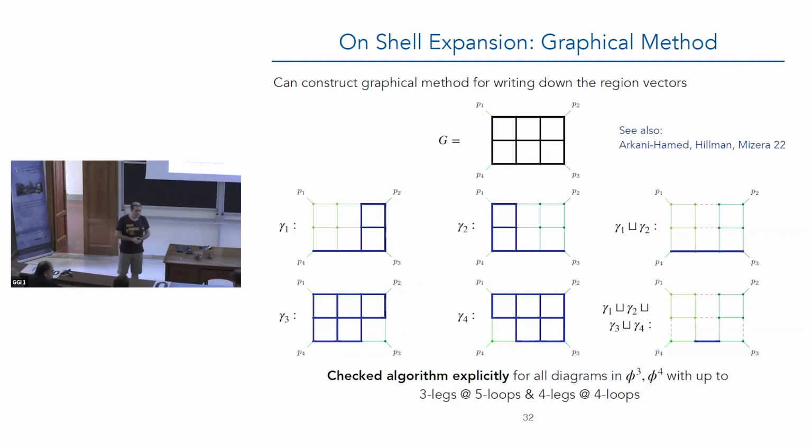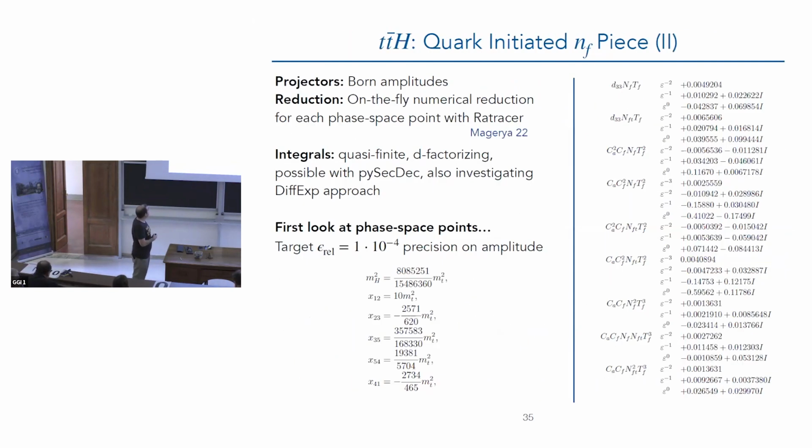I have a question. Did I understand you correctly that you do numerical reduction? We do a reduction per phase space point. So you insert your kinematics first. Yeah. So if you do numerical reduction, then you probably have the possibility to write down a differential equation for this numerically.